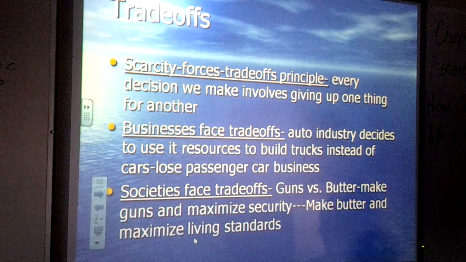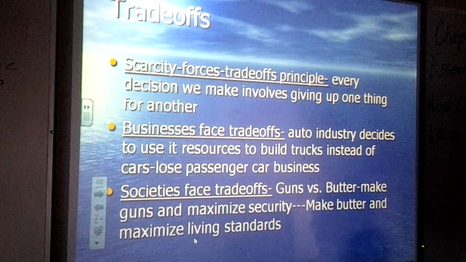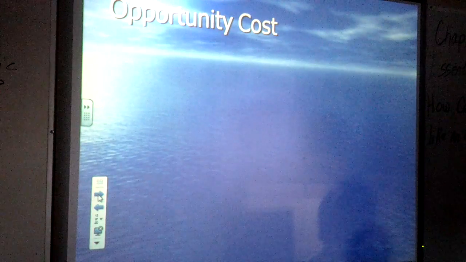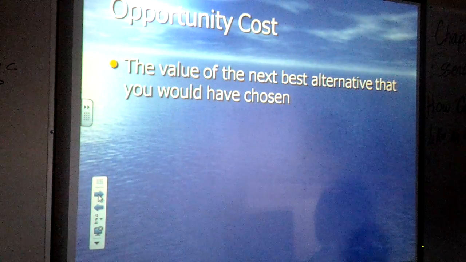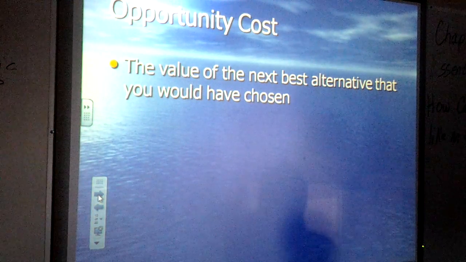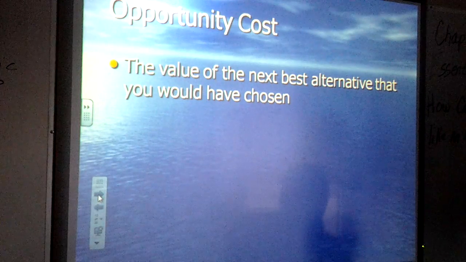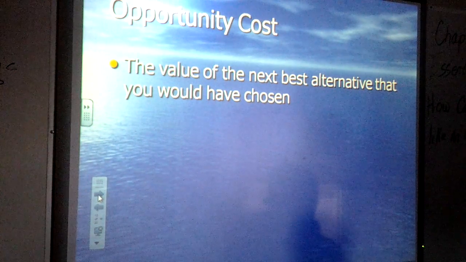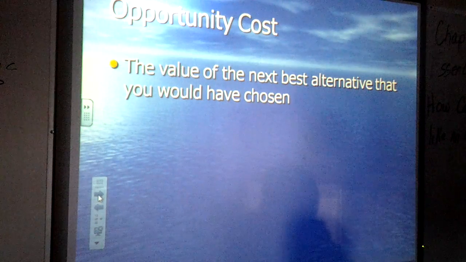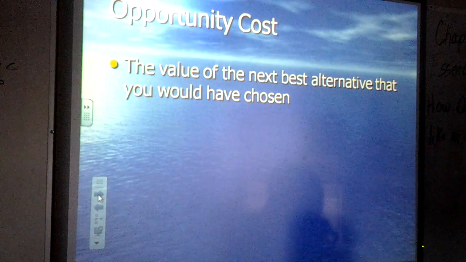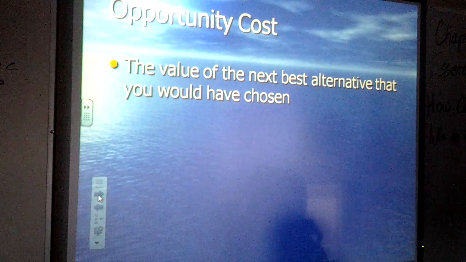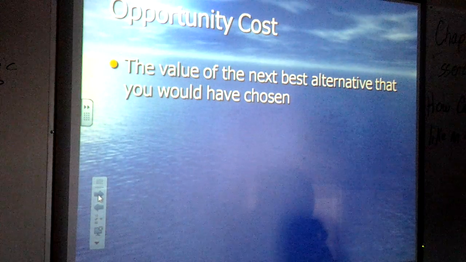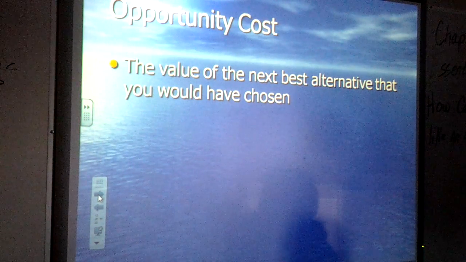And the last thing we're going to talk about in this little segment is opportunity cost. Opportunity cost is the value of the next best alternative you would have chosen. So if you go to the store and you see a pair of jeans and a hoodie, but you can only afford one, and you decide to get the jeans, your opportunity cost is the hoodie.